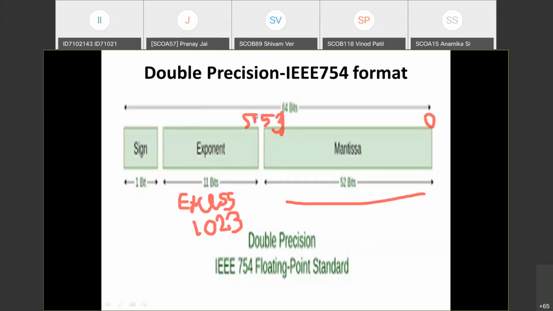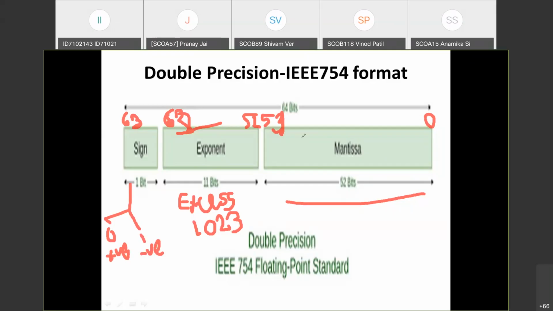From 52 to 62, total 11 bits are the exponent, and the last bit, bit 63, is the sign bit. They have only mentioned that if the sign bit is 0, it is a positive number, and if it is negative, it is represented by the value 1. That is given in the format.